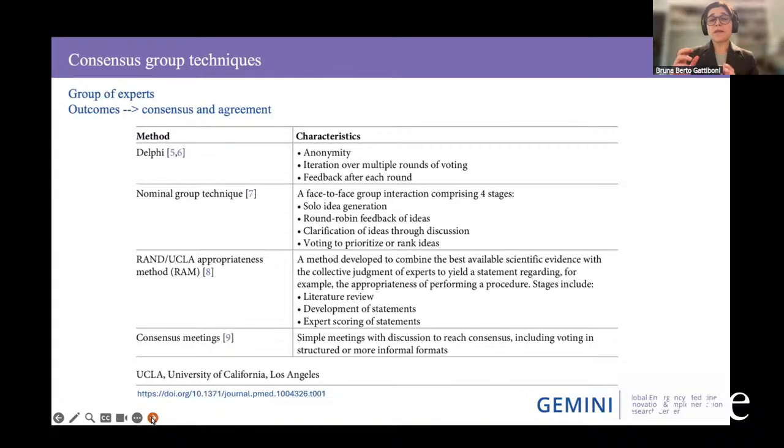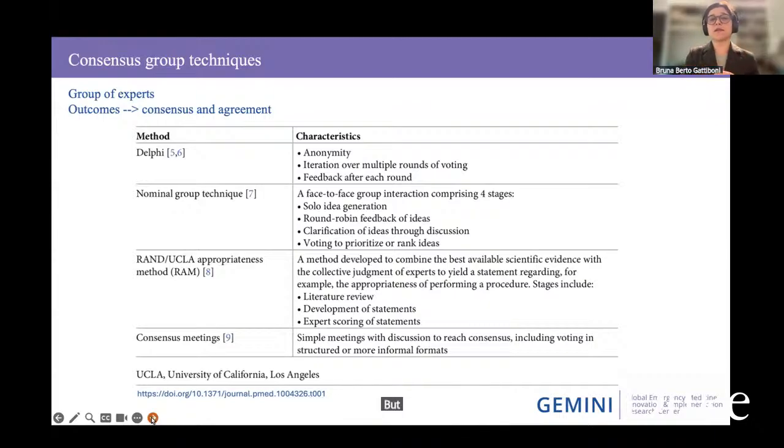The main difference between these two methods is that Delphi needs to be anonymized. You give different surveys to the specialists, and they interact over multiple rounds, voting and reaching the consensus.